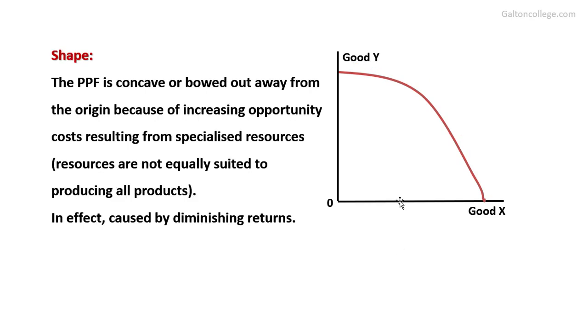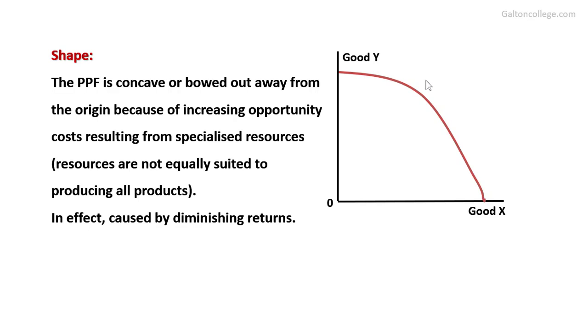Now, this curve is what we call concave to the origin. If you're looking up from the origin, it looks like a cave. We're going into the cave. Try to imagine the shape is like a cave. We're going in. So we call it concave to the origin. If we're looking from the outside down at the curve, we call it convex. It's sloping away from us on either side.